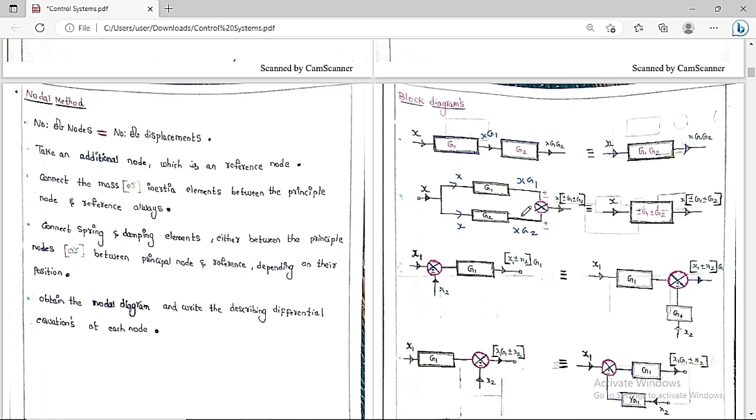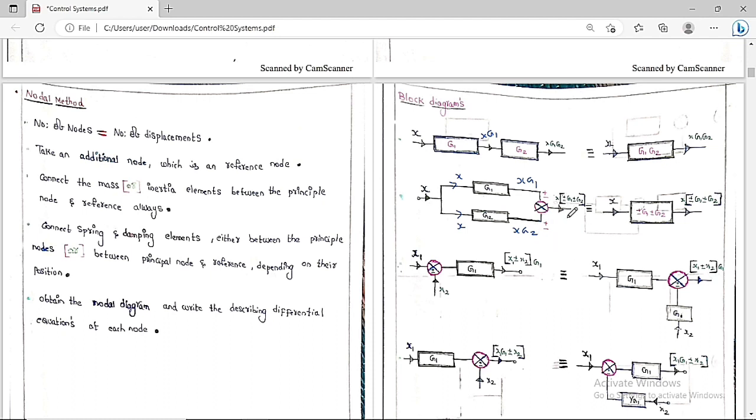So in simple terms, if there is addition, then whenever your two blocks are connected in parallel, just do the addition of these two gains. Suppose here it is a plus and here a minus, do the subtraction, G1 minus G2. Suppose here minus, here plus, it is minus G1 plus G2. Both minus means minus G1 minus G2. So this is what I am trying to tell you.